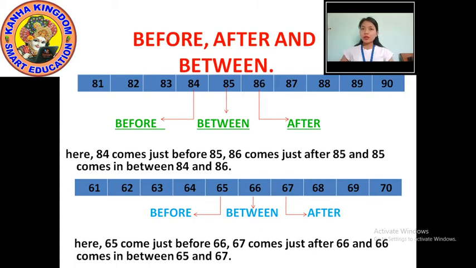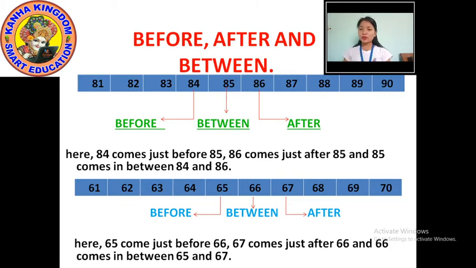See, 84 comes just before 85, and 86 comes just after 85, right? And 85 comes in between 84 and 86.